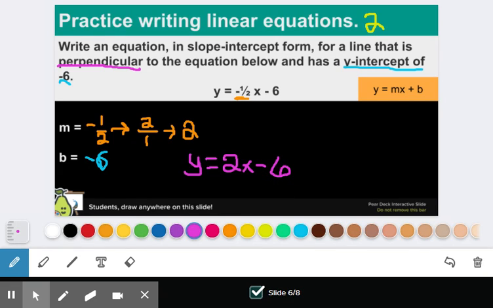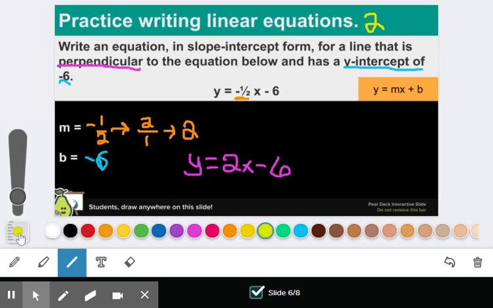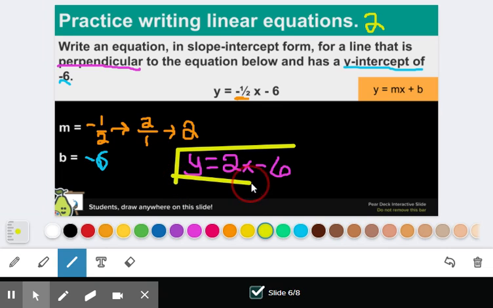So it is still going to be minus 6, but only because it carried from the other problem. So we do have 2x minus 6. Go ahead and put a box around that one.